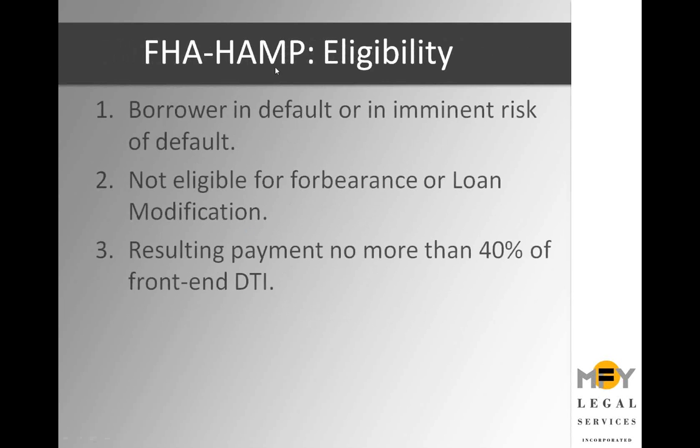The terms for FHA HAMP eligibility are, again, slightly different than the FHA traditional mod. The borrower must be in default or in imminent risk of default. So unlike the FHA traditional loan modification, imminent risk of default is okay. They cannot be eligible for a forbearance or a loan modification.